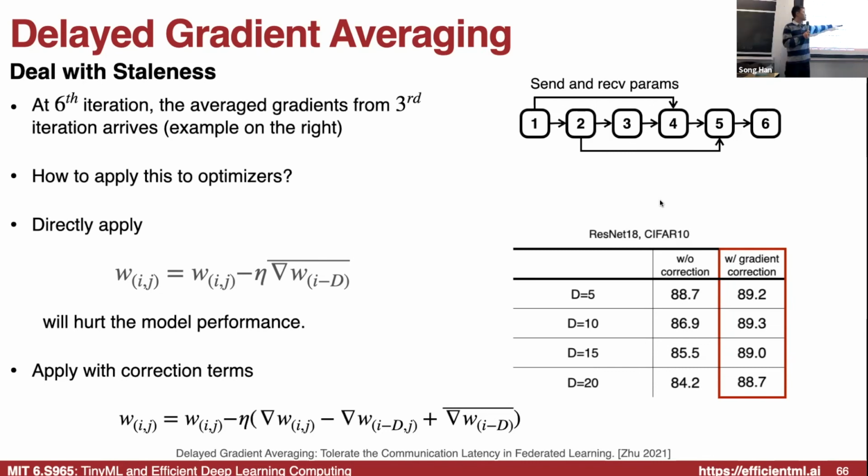So rather than directly using this stale gradient, we have to subtract our own copy d times. This is the gradient correction term. After applying that, we can almost recover the accuracy, at least with a delay of 10 timestamps. Even with 15 timestamps, the accuracy is okay. But with 20 steps, it begins to drop.